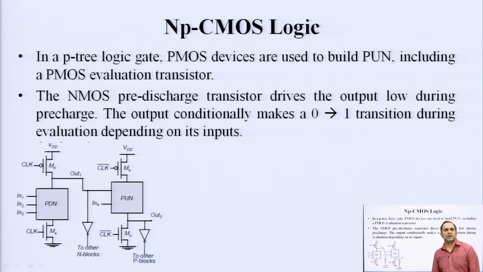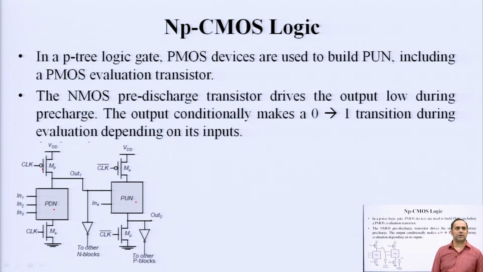This is one of the circuits which you can call a small circuit. Here you have again this clock, then a pull down network, output connected here and a pull up network. If you want to connect to some other n type blocks or other p type blocks, you can use an inverter here. That is why in some cases it is also known as NP domino logic.